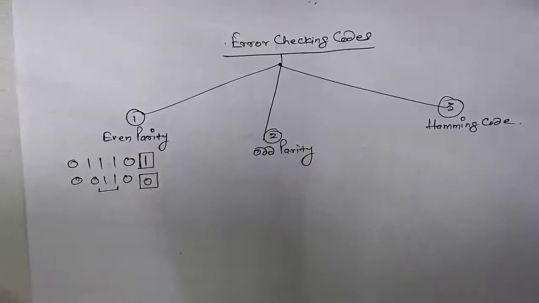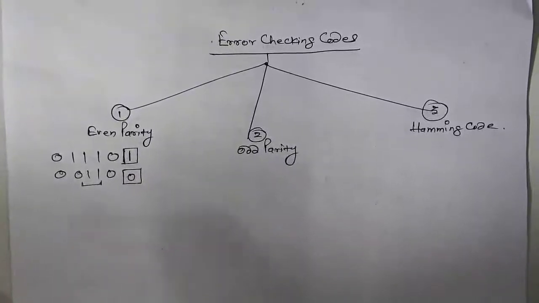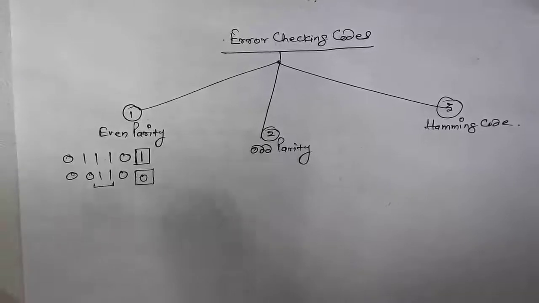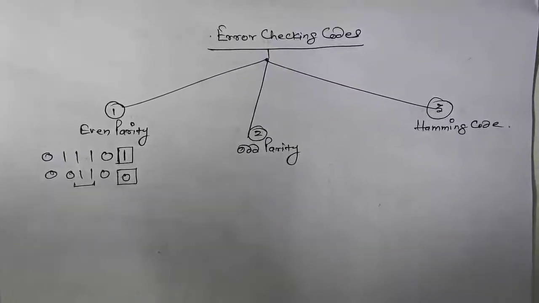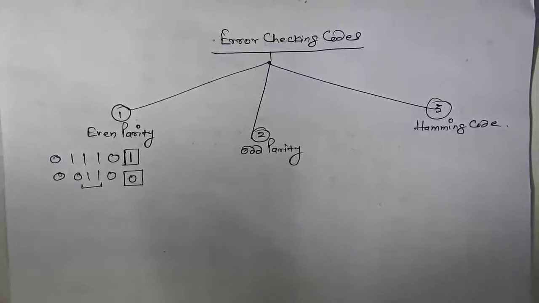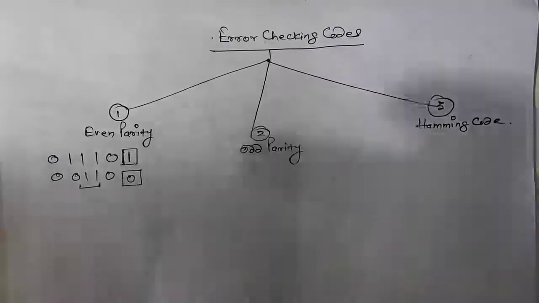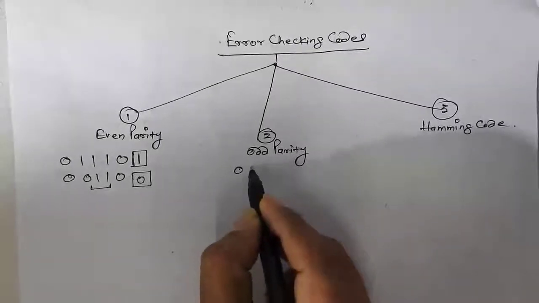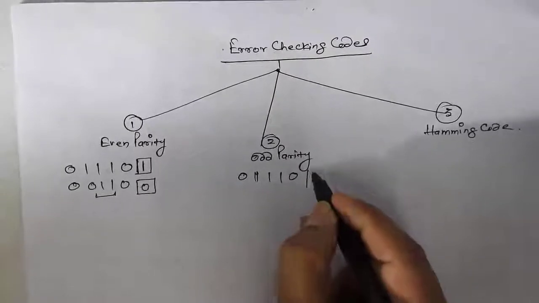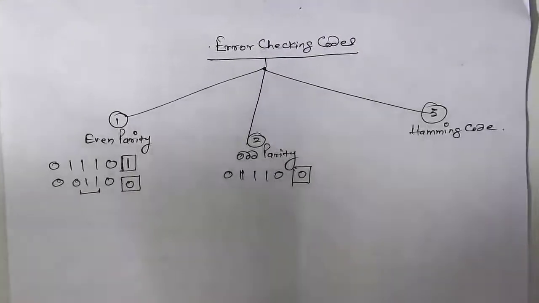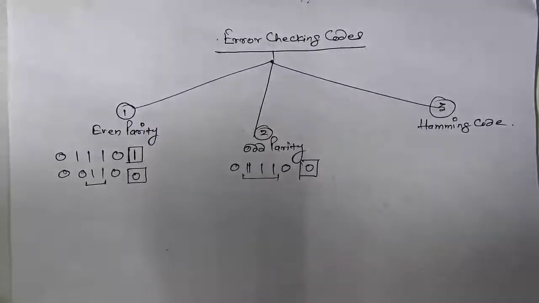Similarly, for odd parity, if the data has an odd number of ones, then the parity bit added will be 0, because the responsibility is to always send data from transmitter to receiver which has an odd number of ones. So if the data is 0, 1, 1, 1, 0, then in the odd parity case the parity bit will be 0, because the data already contains 3 ones.